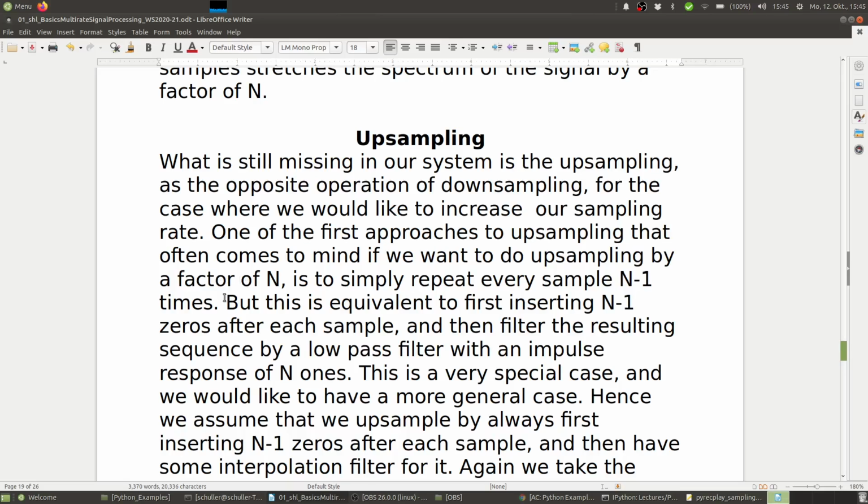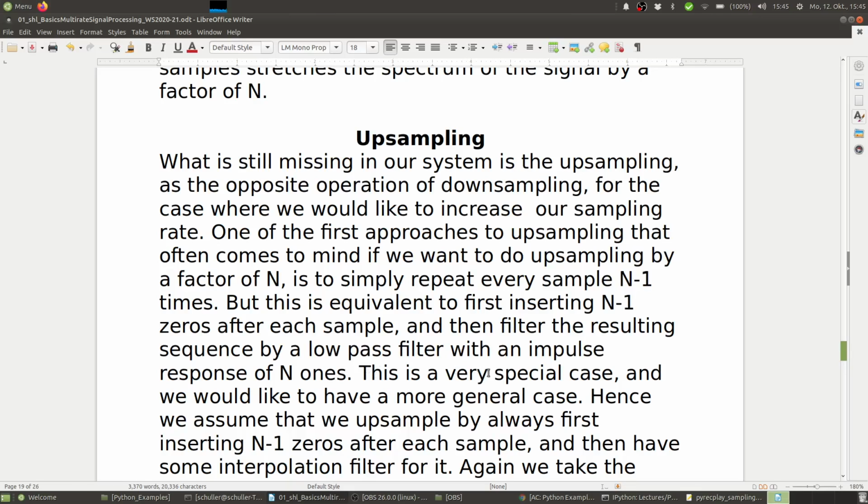But that's bad. This is equivalent to first inserting N-1 zeros after each sample and then filtering the resulting sequence by a low-pass filter with an impulse response of capital N ones. It turns out this is a special case which does not give us a good low-pass filter.